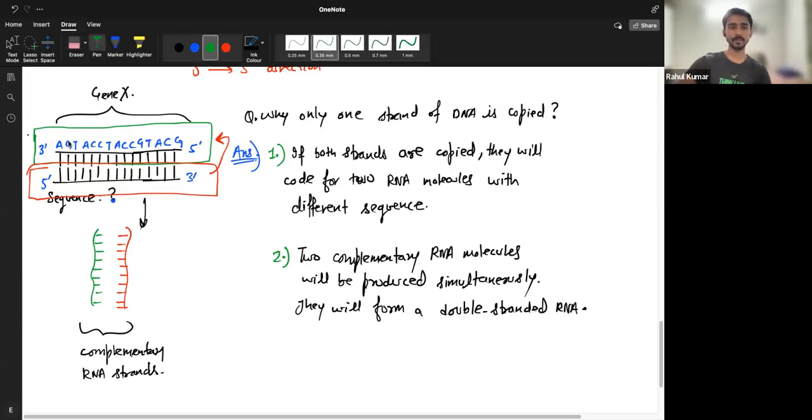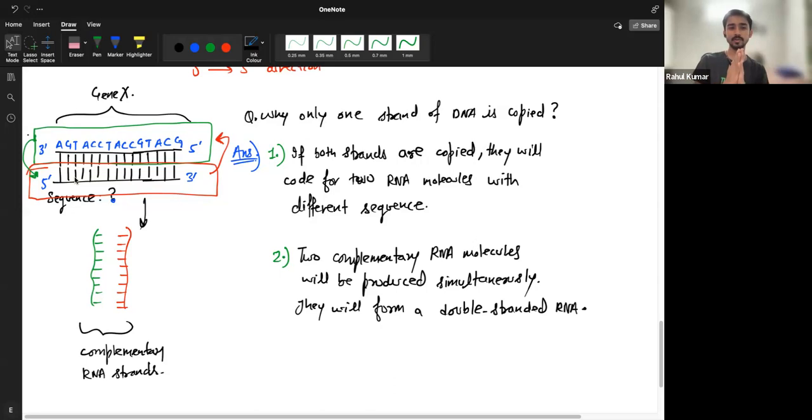Yes, sir. So do you understand that the complementary sequence will be like this? The complementary sequence of this green marked strand will be similar to the other strand, and the complementary sequence of this red marked strand will be similar to the other strand. The RNAs will actually be similar to opposite strands itself. Hence, they will also be complementary if both of the strands are read together and transcribed.